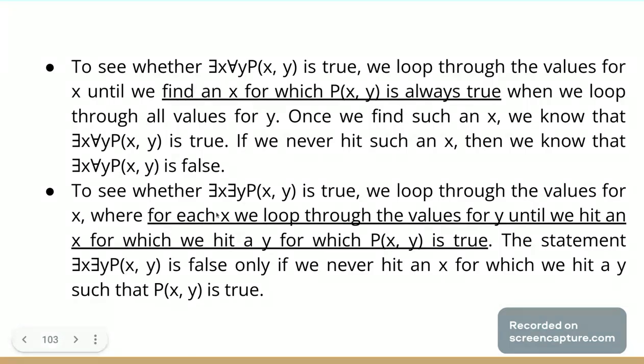So for each x, we loop through the values of y until we hit at least one x for which one y is giving P(x, y) the value true. Only then the statement will be true, otherwise that statement will be false.